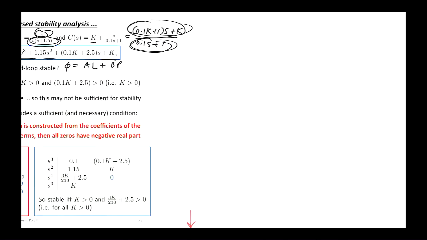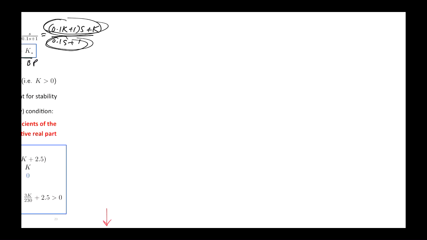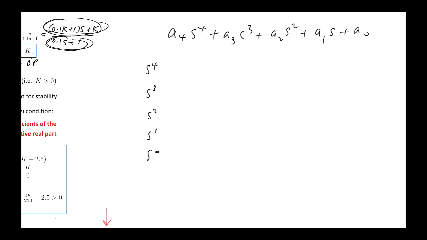We've got a 4th order polynomial: A4 s^4, A3 s^3, A2 s squared, A1 s, A0. This array is just like a matrix, and so let's label the rows of the matrix with the powers of s up to the highest power of s. So we're going to get 5 rows for a degree 4 polynomial.